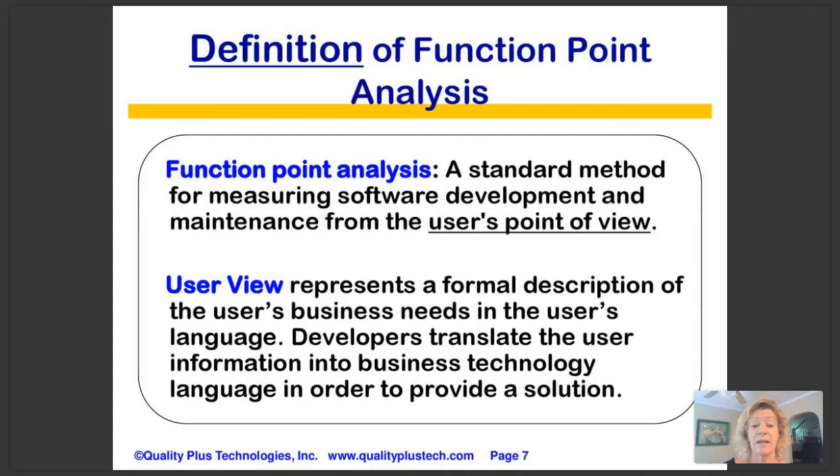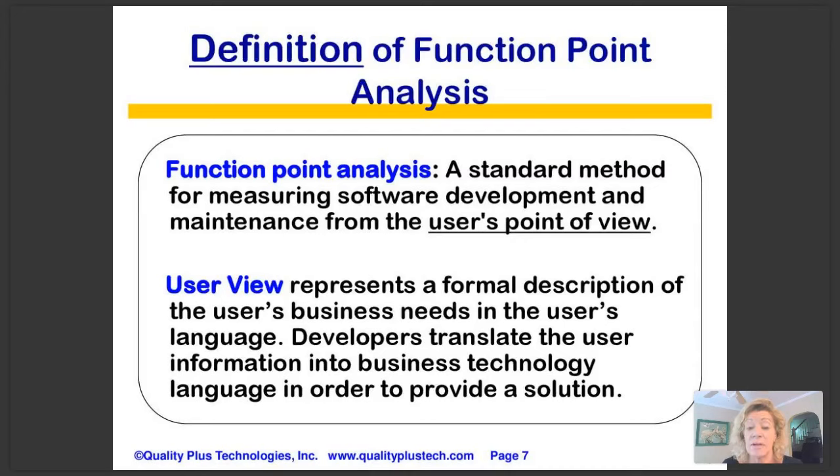So function point analysis is a standard method for measuring software development and maintenance, and these are the keywords, from the user's point of view. Remember, the word user means any person, thing, other application, hardware, or software that exists around the sides of your software, and those are users.